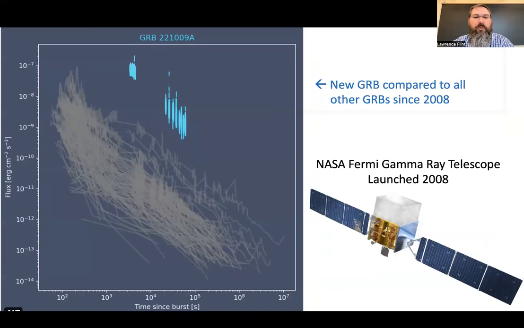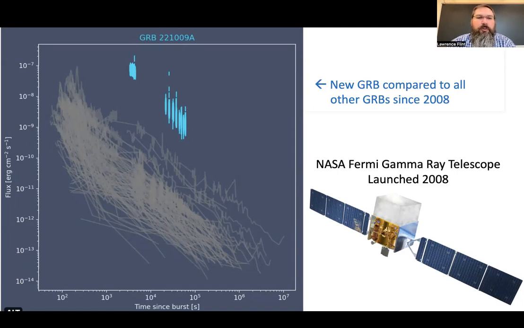This shows a graph, and it's difficult to understand exactly, but I'll just try to show you what it means. This shows in gray all of the gamma ray bursts that have been detected since 2008, based upon the Fermi Gamma Ray telescope, which was launched in 2008.